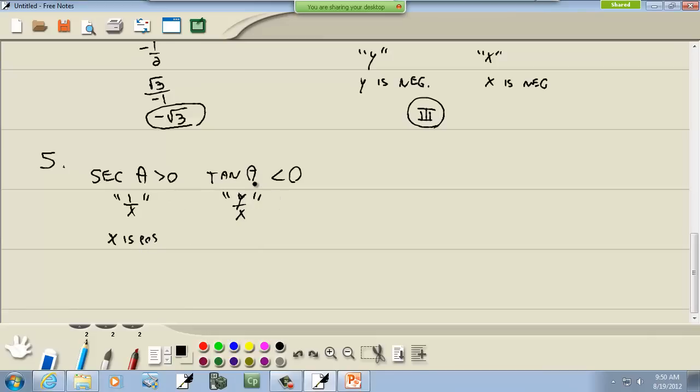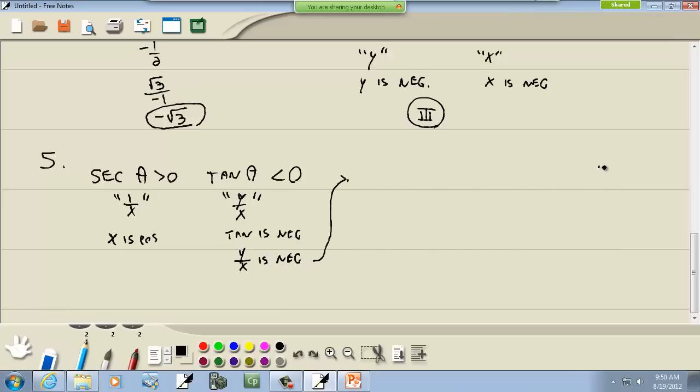Now in this one, tangent is less than 0. So tangent is negative, which is saying that y over x is negative. Well, if we think of the different possibilities, think what gives you a negative number first.